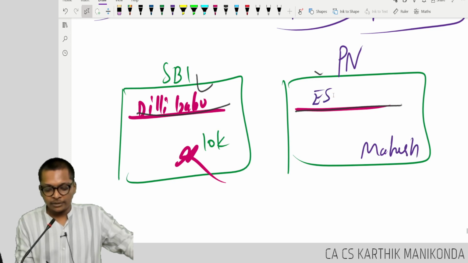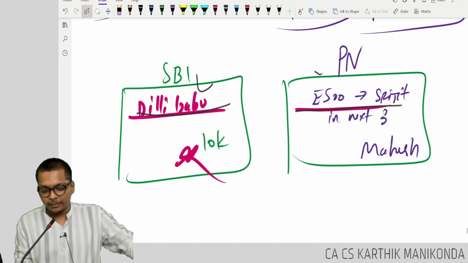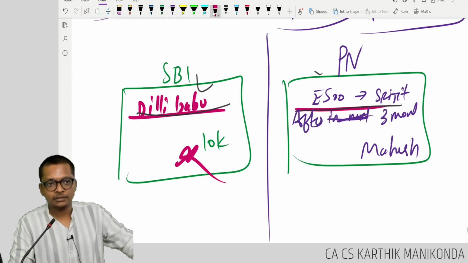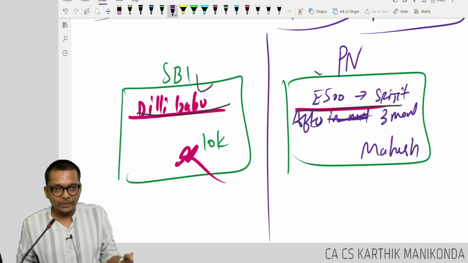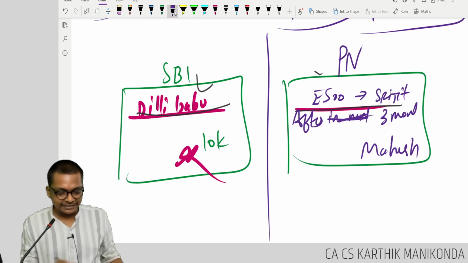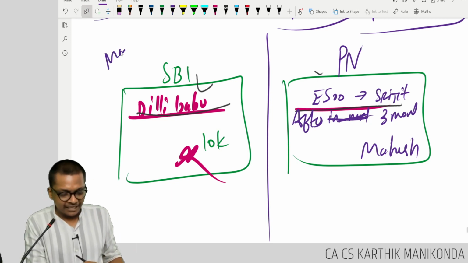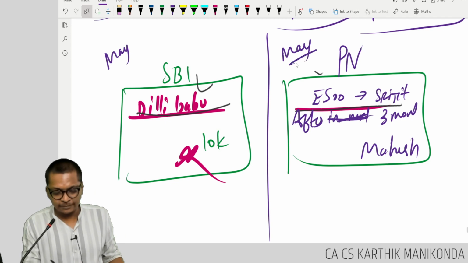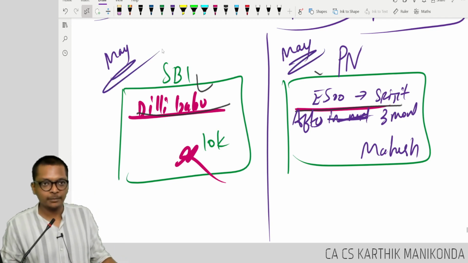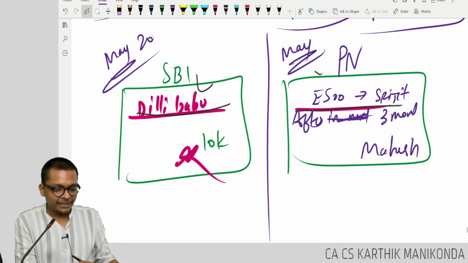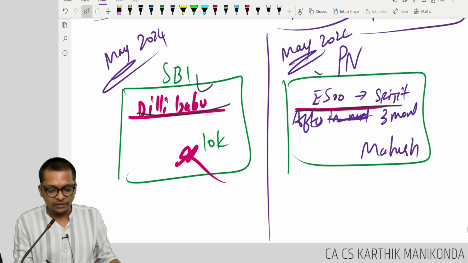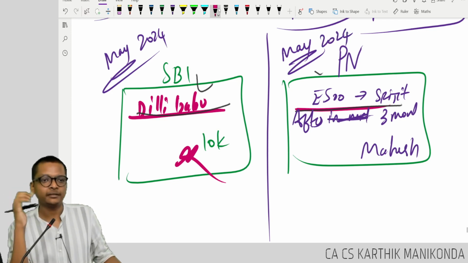Mahesh promised to pay 500 to Srijit after 3 months. Both instruments are made on the same day. Let's say now May 2024. These instruments are made.